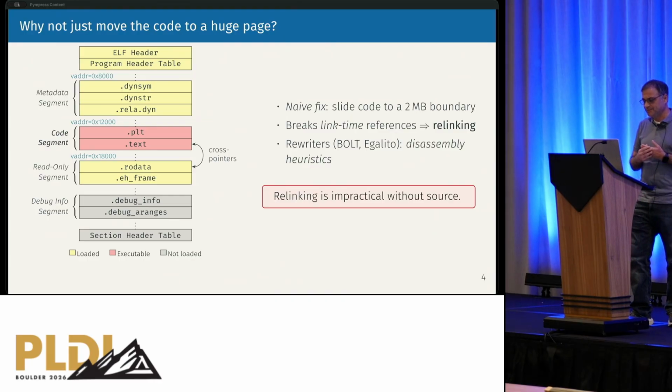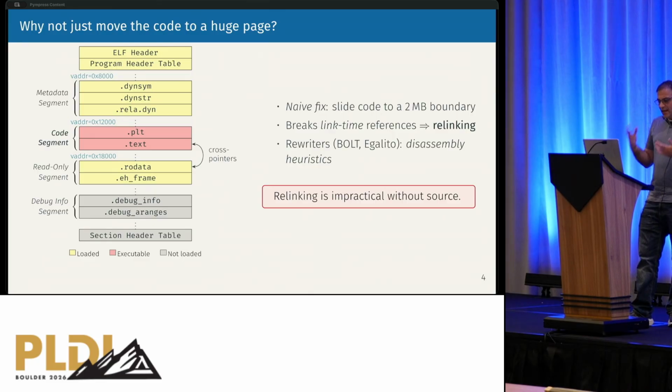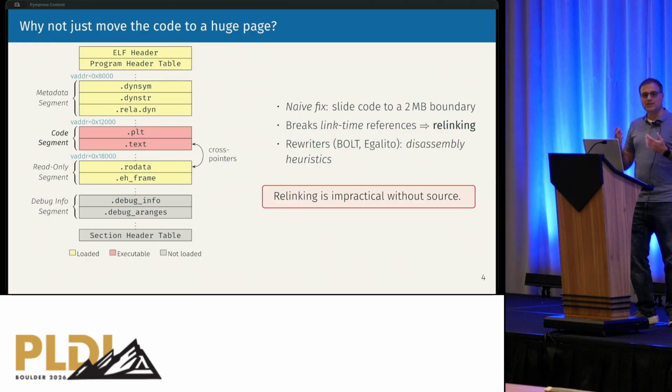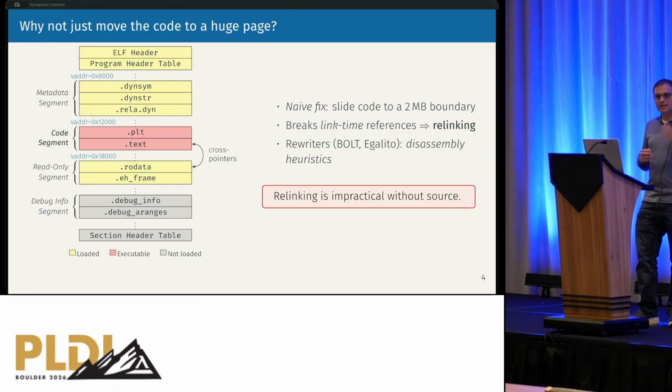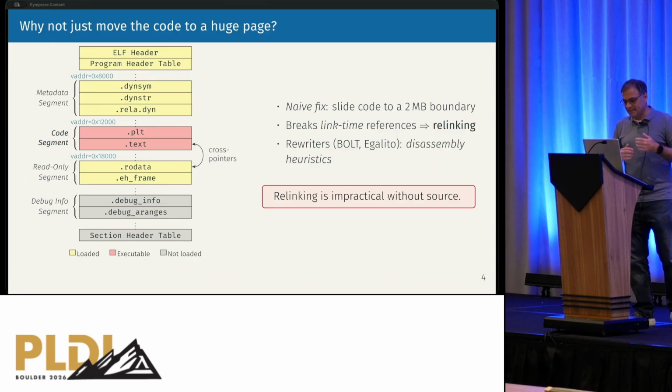The ELF, the executable in this figure, has a header, and then it is composed of multiple segments. Usually the first one is a metadata segment that has all kinds of information like the dynamic symbols, followed by several more segments: the code segment that usually comes right after, the read-only segment after that, and so on.